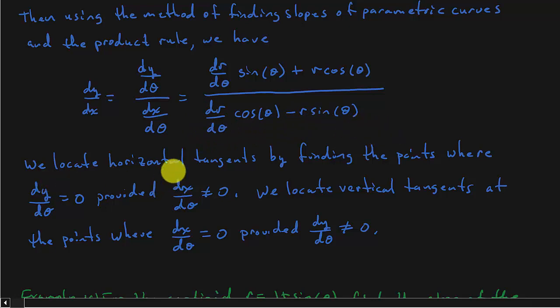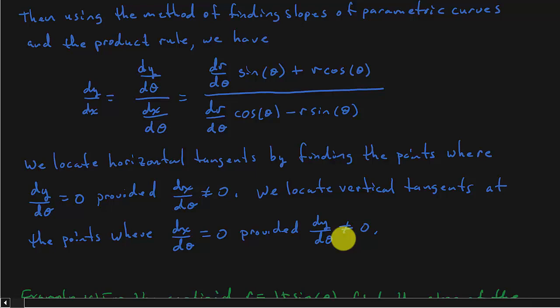We locate horizontal tangents by finding the points where dy/d theta equals 0, provided dx/d theta does not equal 0, and we locate vertical tangents where dx/d theta equals 0, provided dy/d theta does not equal 0.